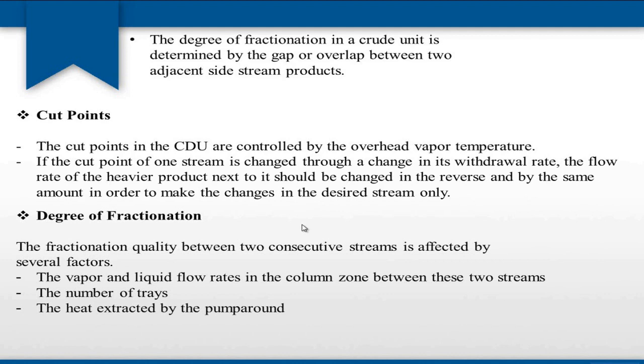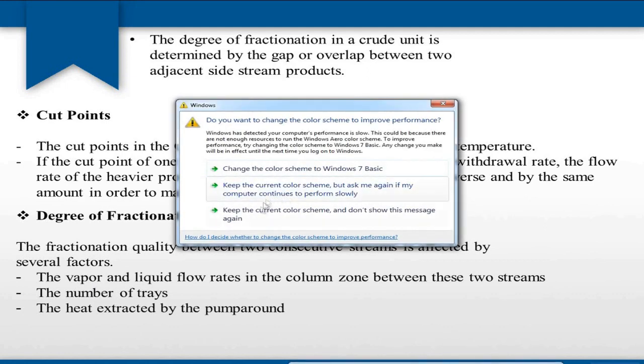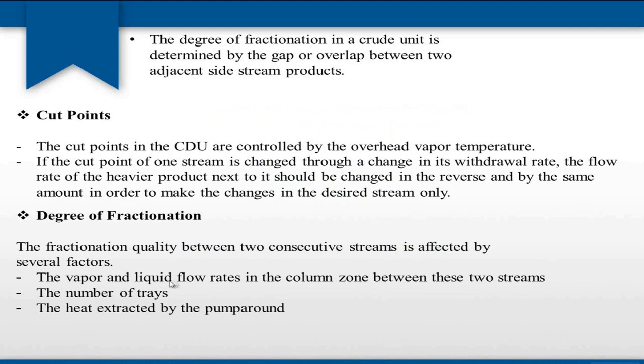The degree of fractionation depends on 4 factors. The important 3 factors here: the first one is the vapor liquid flow rate in the column zone between 2 streams. What it means is we have to balance this, so this will prevent flooding in the trays and also heat accumulation in the top tray zones.